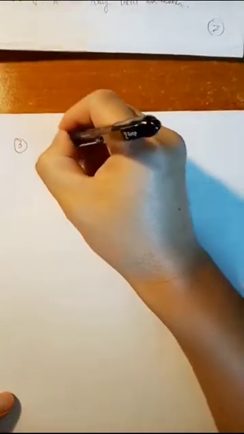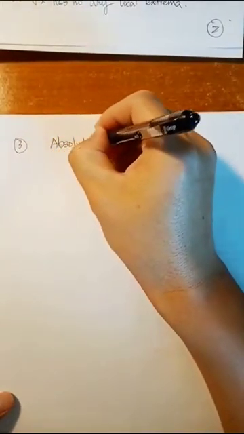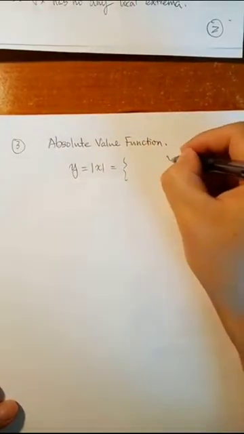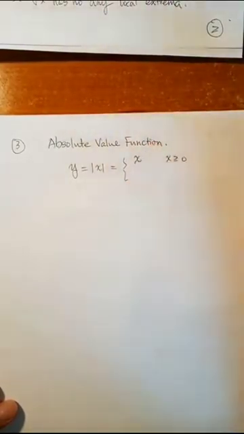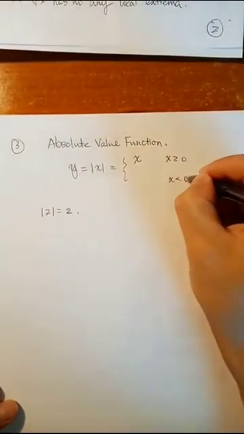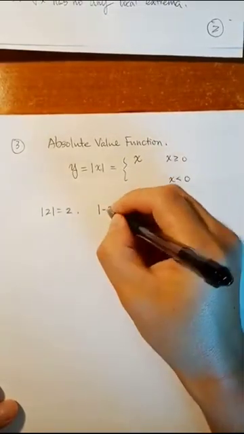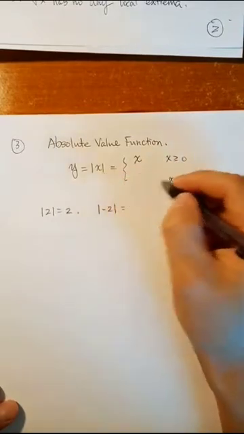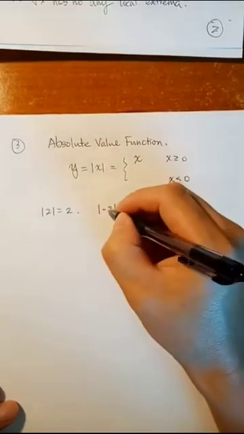And next, we study the absolute value function. What is the absolute value function? y is equal to the absolute value of x. When x is positive or 0, the absolute value is itself, like the absolute value of 2 is 2. When x is negative, we will drop this negative sign, but when you use x to represent this negative number, there's no negative sign. How do we drop the negative sign?